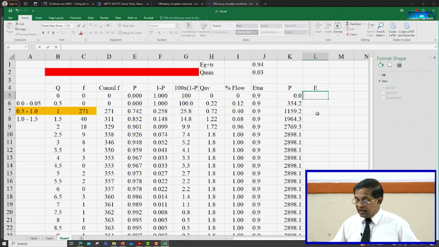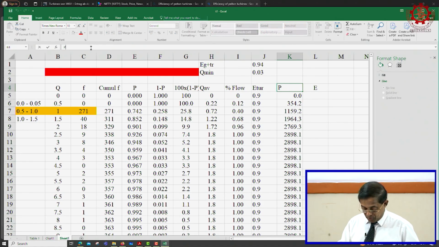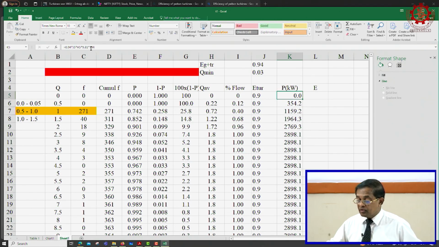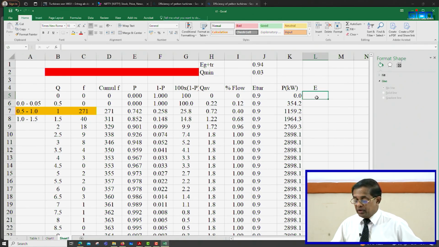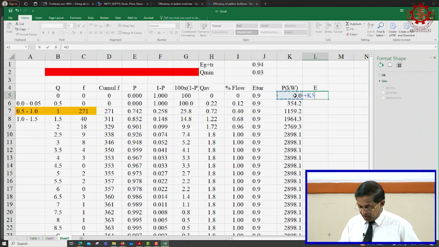Because we have taken that 1000 term away, rho being 1000, we removed it, and therefore we say it is in kilowatts. Therefore, energy will be P kilowatts into 24 hours, into 24 kilowatt hours, into the number of such days.